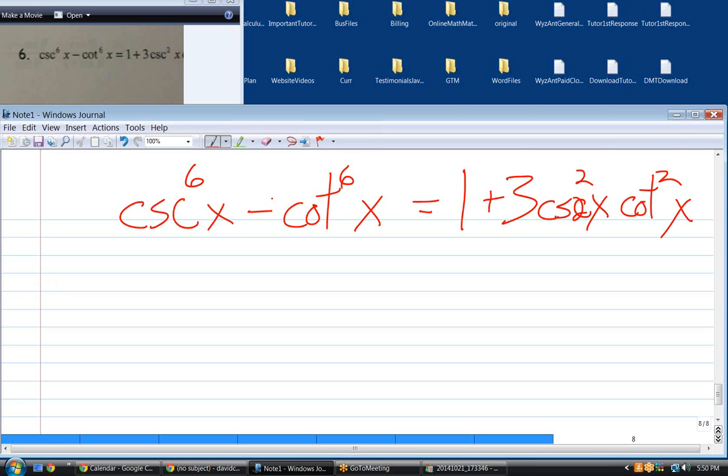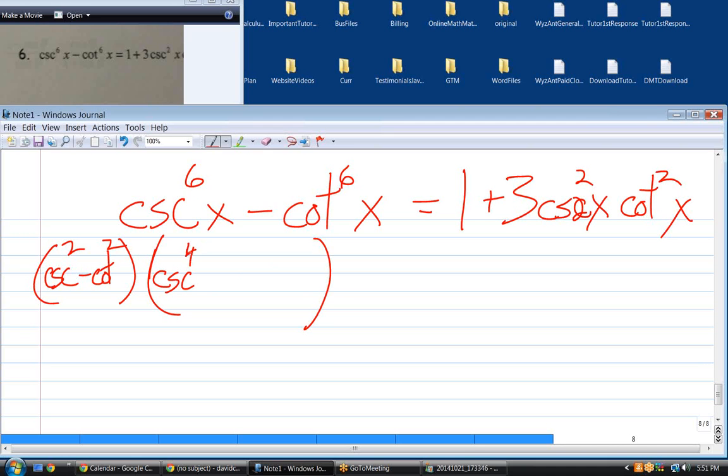So if I assume that's difference of cubes, remember it's a linear factor and a quadratic factor. What's the linear factor going to be? Cosecant minus cotangent. Cosecant squared minus cotangent squared, because it's to the 6th power, so the linear factor is actually squared, and the quadratic factor is actually a quartic.